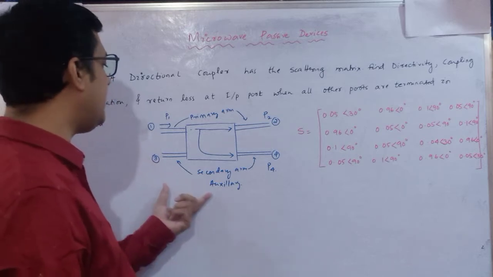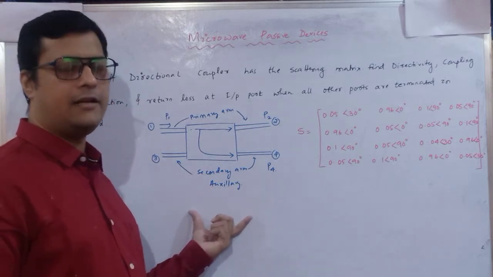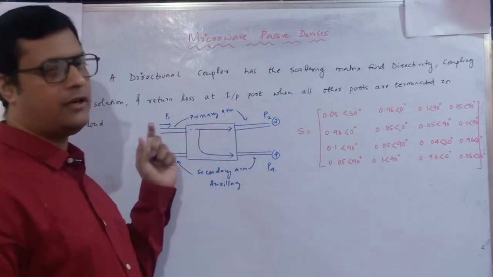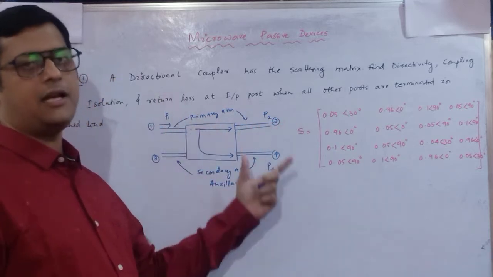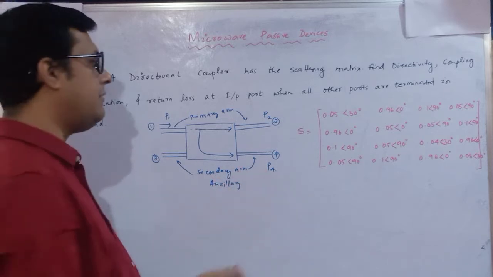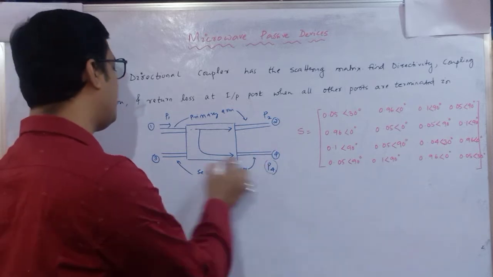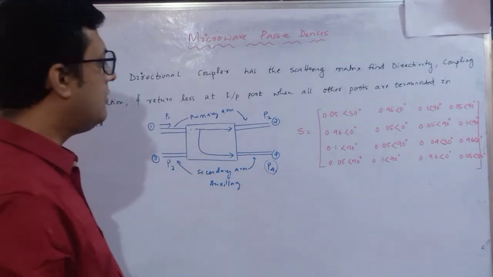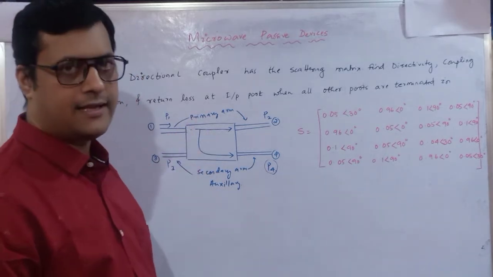Similarly, directivity is identified in the auxiliary arm. If port 1 and port 2 are in the primary arm, then the auxiliary arm gives you the directivity. Directivity is the ratio between the power at port 4 and the power available at port 3. So it is a 4-port device, the directional coupler.